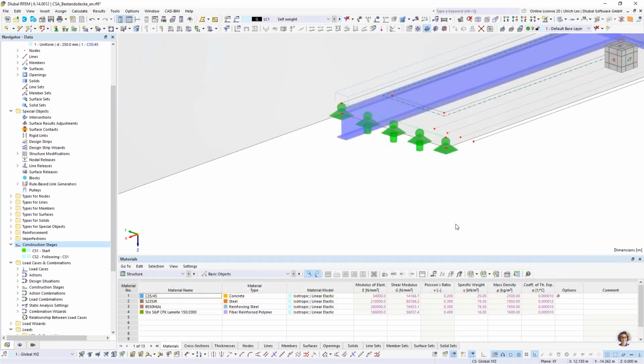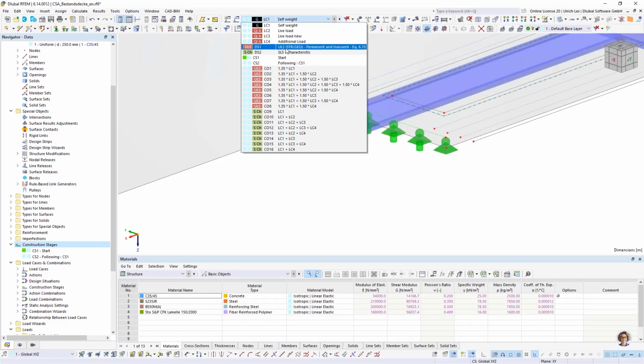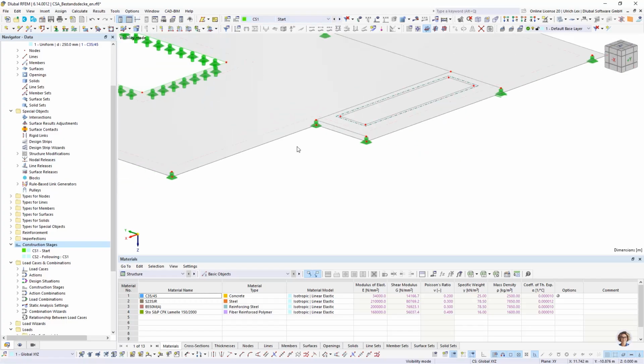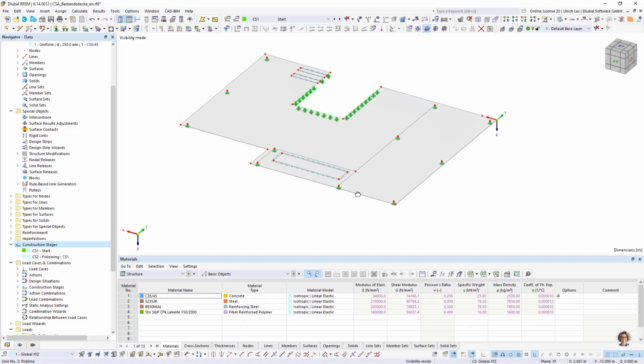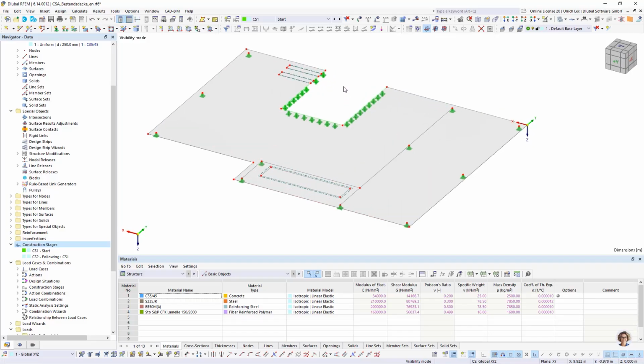So when I continue with OK, I can do the same as before. I can take a look at my stage 1, which I already created before. And in stage 2, I now have my line supports.